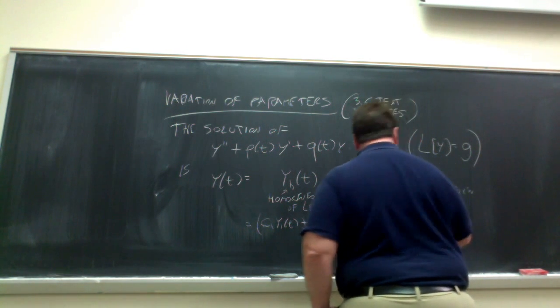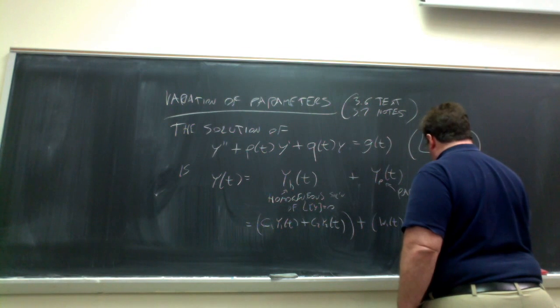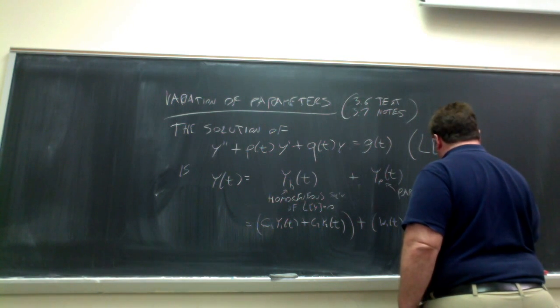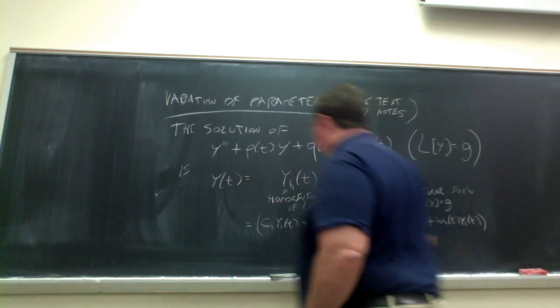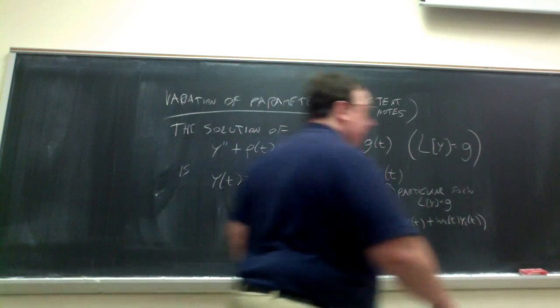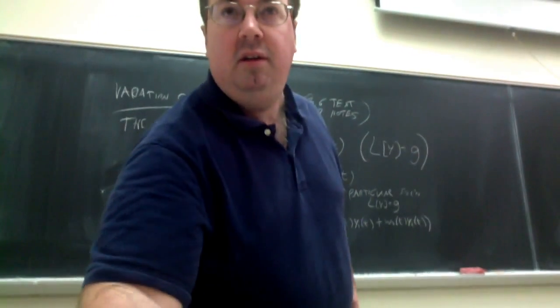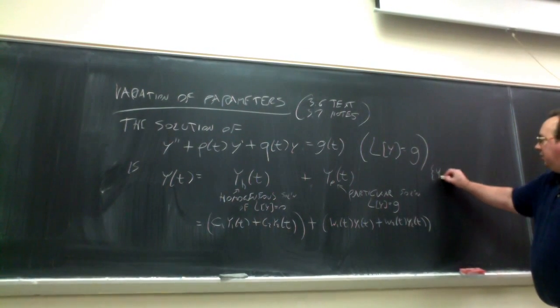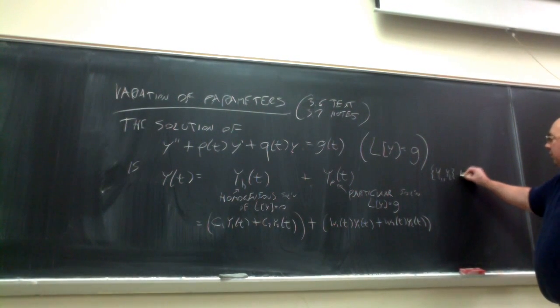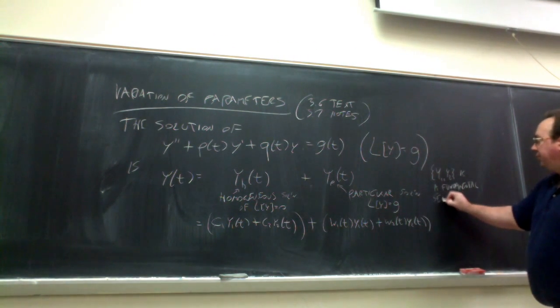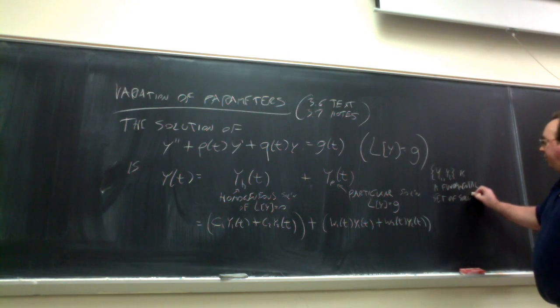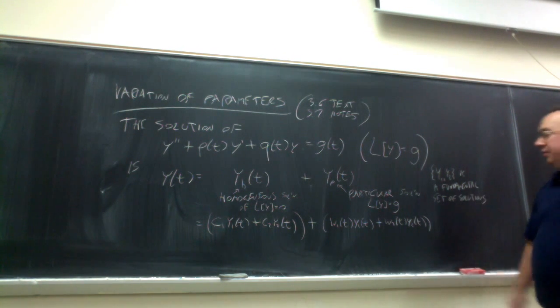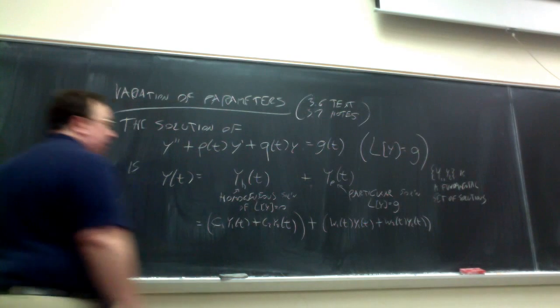So now instead of constants, we have functions, where y1 and y2 together make a fundamental set of solutions. In other words, any two linearly independent solutions of the homogeneous equation.